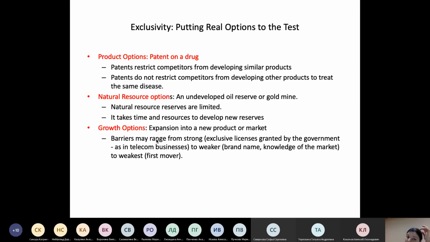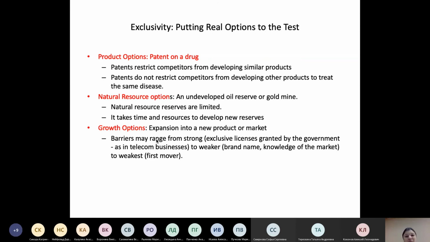How do you think in this small test, in which cases the value of our real option will be on the highest level, in the first case or in the second case?